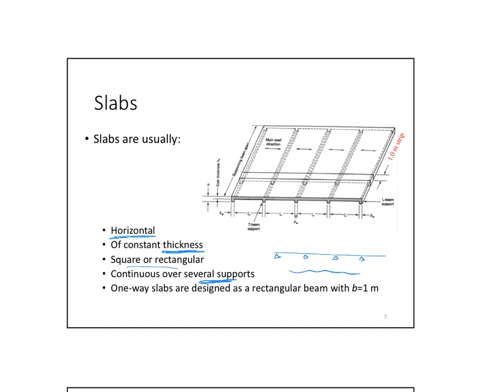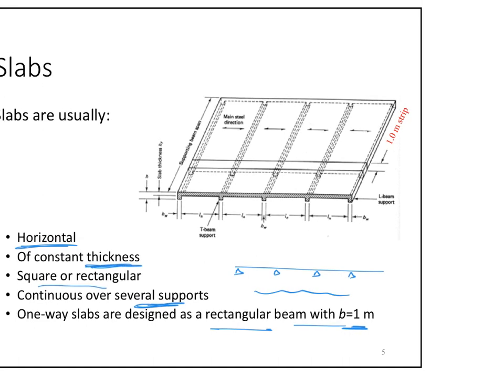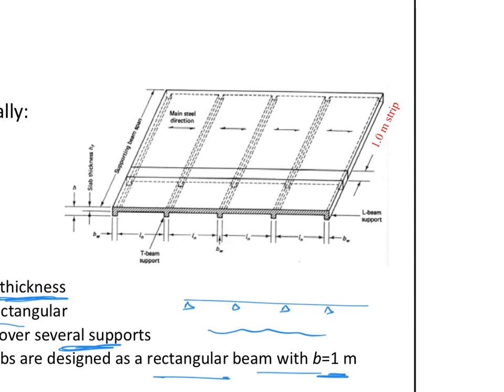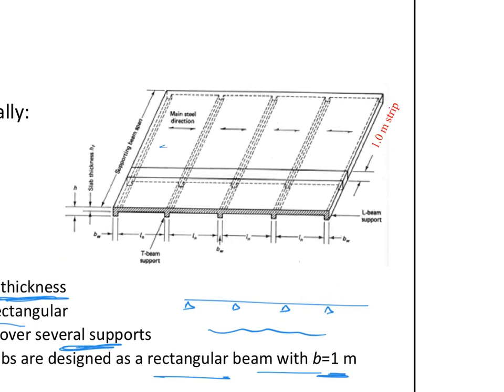One-way slabs are designed as rectangular beams with a beam width equal to 1. How does that happen? Where do I get the width equals 1, or unit width? It comes from looking at the slab spanning several spans like this. Instead of designing the whole thing, I just take a 1 meter wide strip, which is this strip.